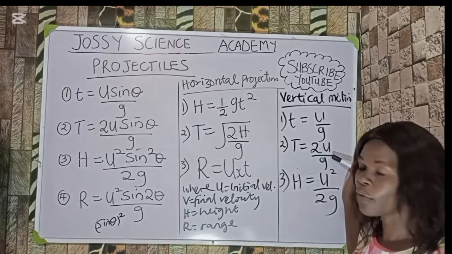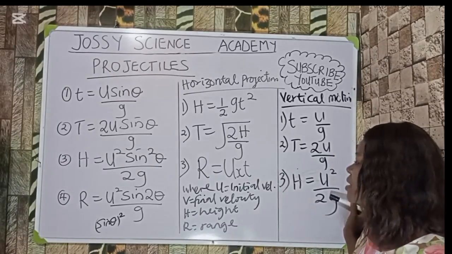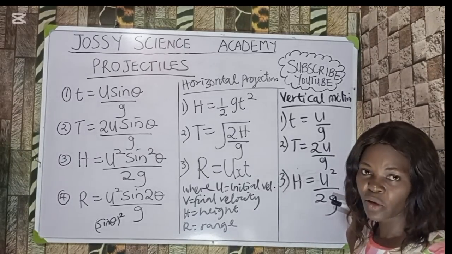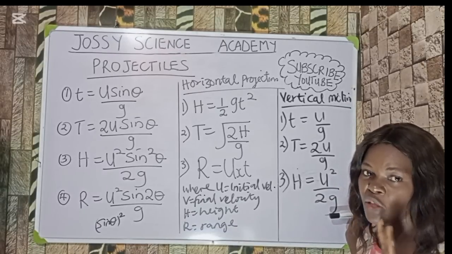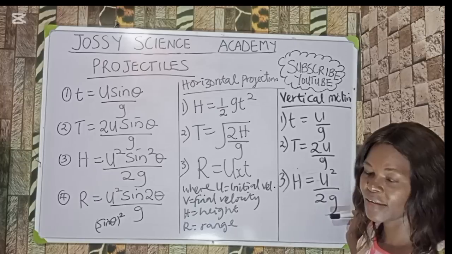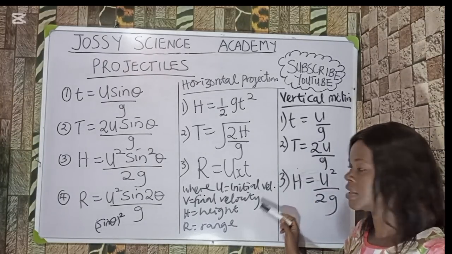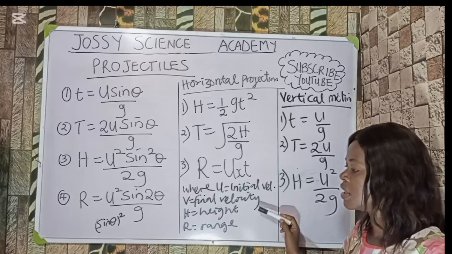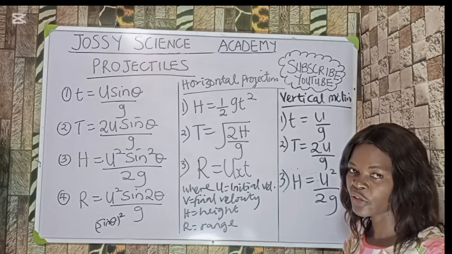And the time of flight will now be equal to 2u over g, whereas the maximum height becomes u squared over 2g. Under vertical projection, we don't even need to find the range. Is that clear? Now we should know what these values mean. Our u equals initial velocity, v is final velocity, h is height, r is range, theta is the angle of projection.